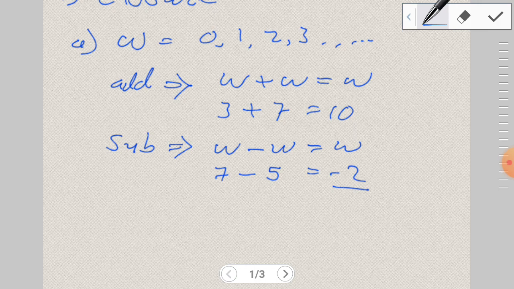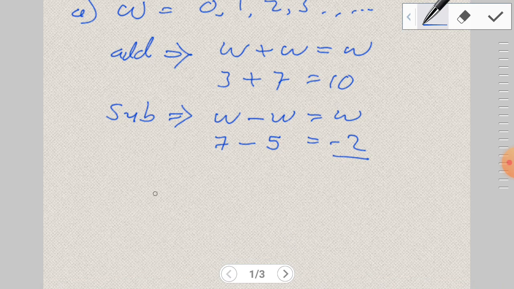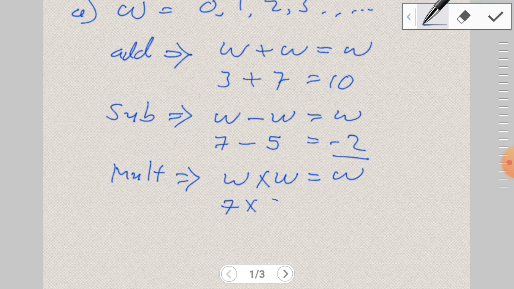So whole numbers are not closed under subtraction. Then after is multiplication. Whole number multiplied by whole number, its answer is a whole number, like 7 multiplied by 5 becomes 35. So 35 is also a whole number. Then the last one is division. If a whole number is divided by a whole number, it should be a whole number.